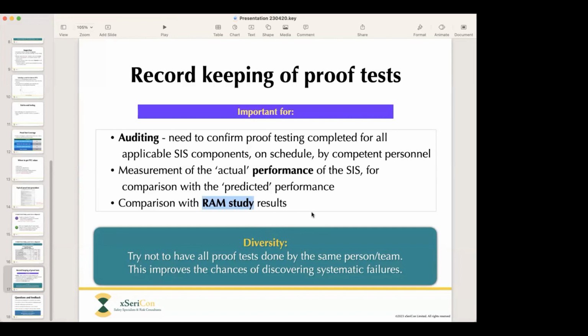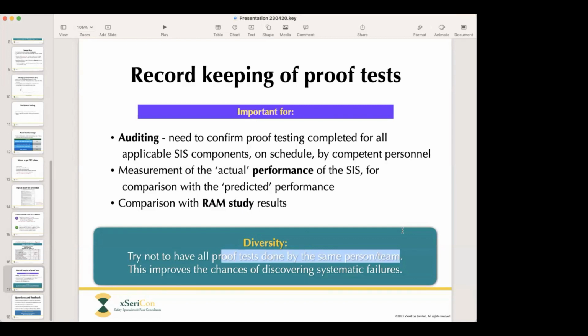One final suggestion I would like to make is try to avoid having all the proof tests done by the same team or by the same person. The reason for that is if you have only one person or one team always doing all the tests, there may be some point where they are not doing it correctly, maybe due to a misunderstanding.